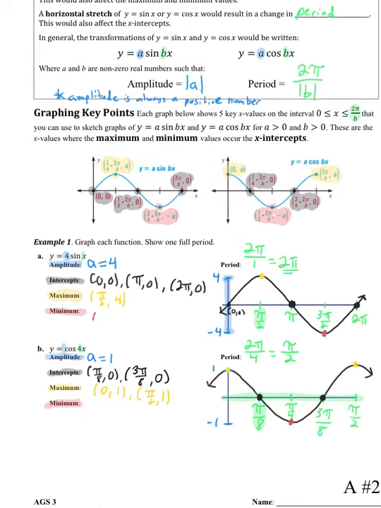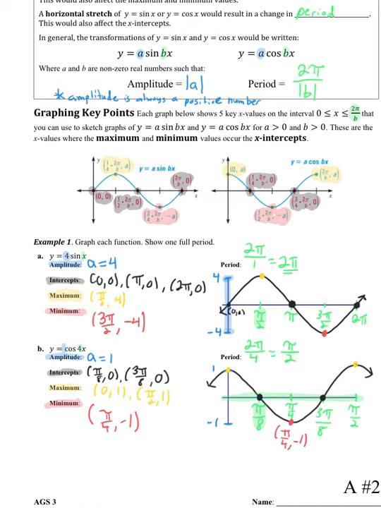On the first graph, it was 3 pi over 2, negative 4. On the second graph, the minimum value was pi over 4, negative 1. And that's where my minimum values come from. So that's how we get the 5 key points here.